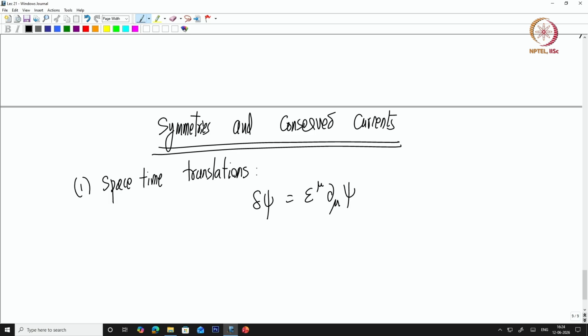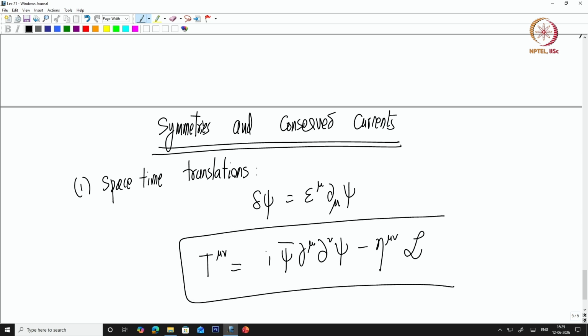This gives me the energy momentum tensor, T^{mu nu} = i psi-bar gamma^mu ∂^nu psi minus eta^{mu nu} L. The derivation you have to do yourself.